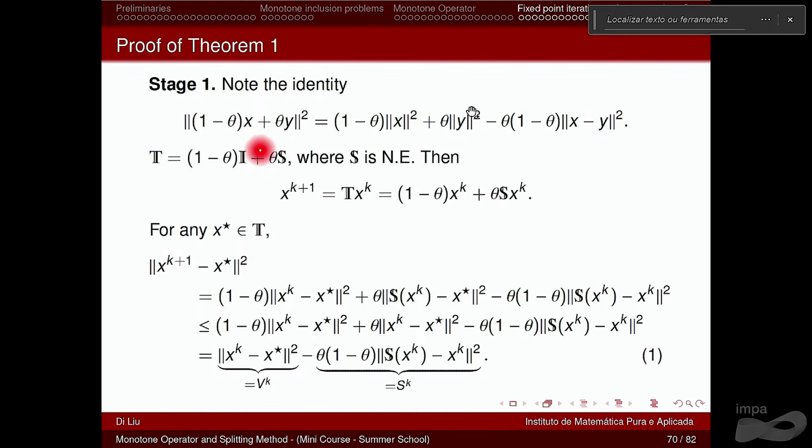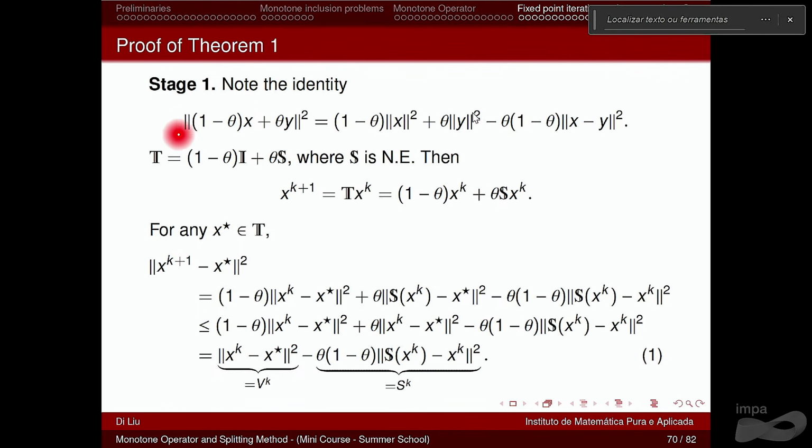To prove theorem 1, let's recall what theorem 1 says: the fixed point iteration with an averaged operator converges. First we have this identity. If we expand a convex combination of x and y, we get this identity with three square terms.